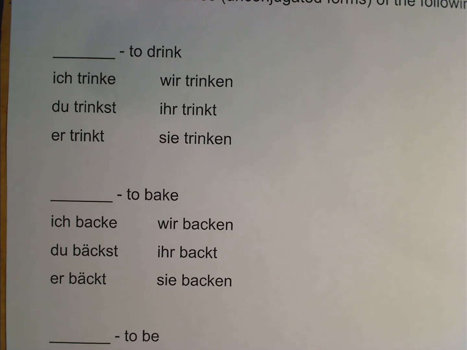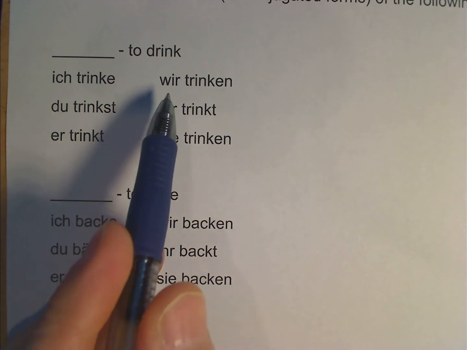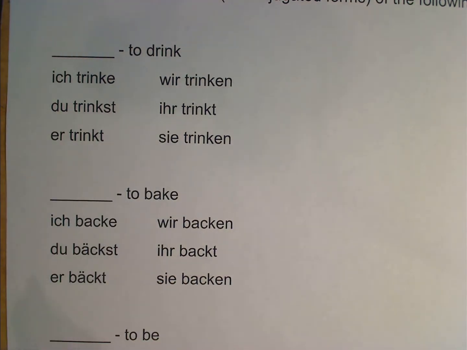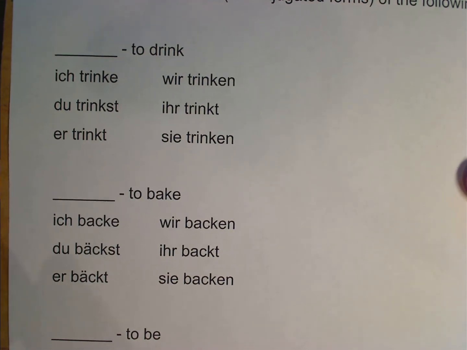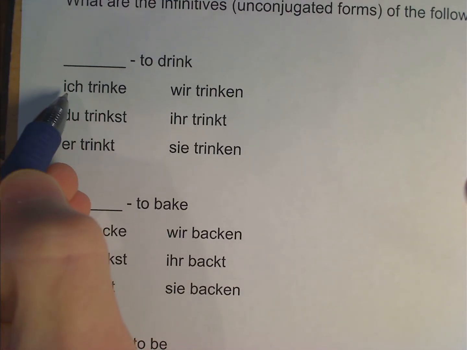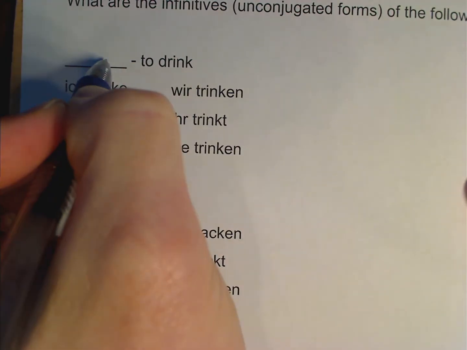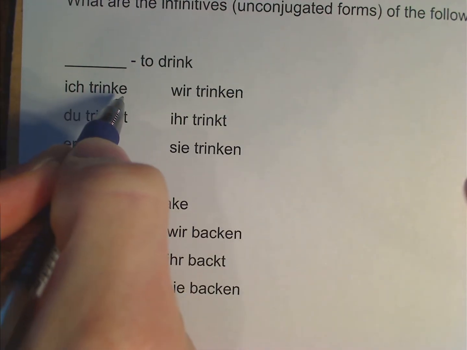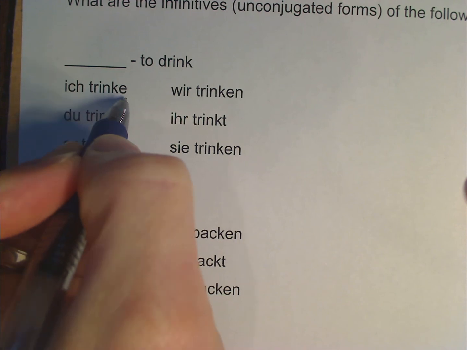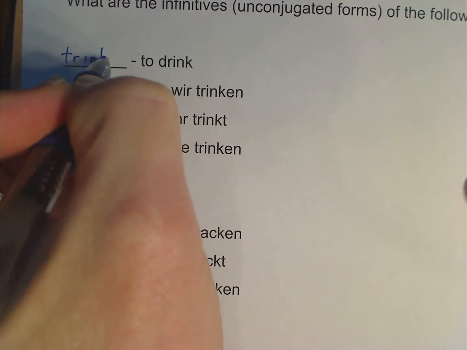Here we have ich trinke, du trinkst, er trinkt, wir trinken, ihr trinkt, sie trinken. This one's kind of easy. Well, you just have to go backwards. If the ich form was formed by dropping the en and then adding an e, then let's go backwards. Drop the e and add an en. So this is the verb trinken.